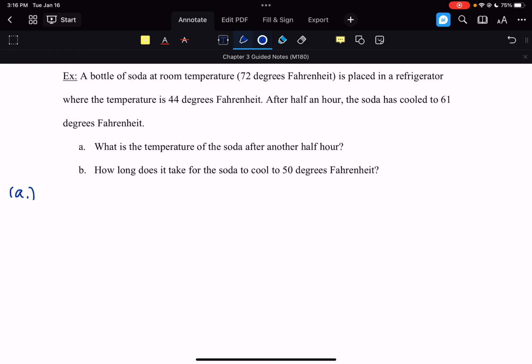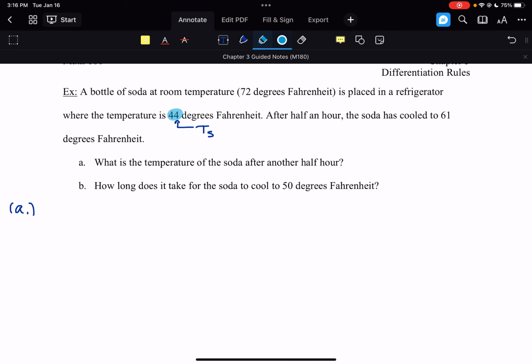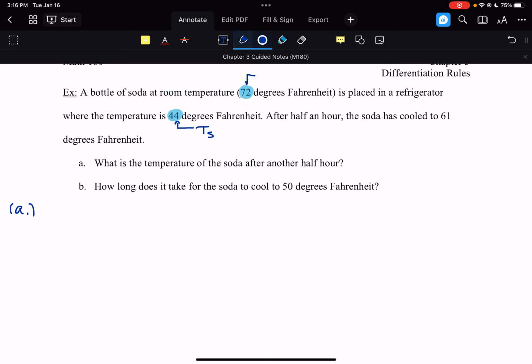Okay, so a lot of information here for us to take in. So we know the room temperature. It went from room temperature into a refrigerator. So this is going to be our surrounding temp. So T sub s is going to be the 44. We know that the initial temperature that the soda is at is the 72 degrees Fahrenheit.